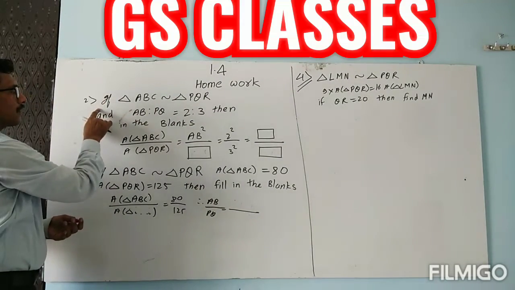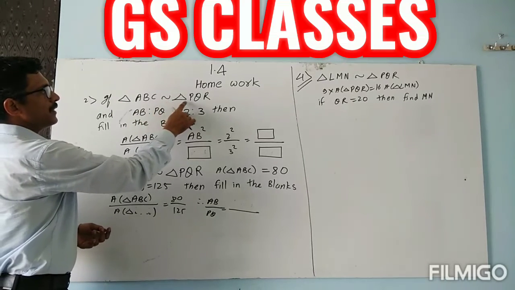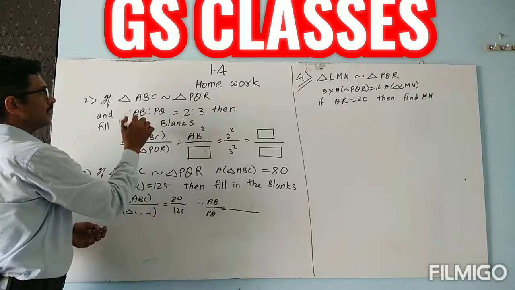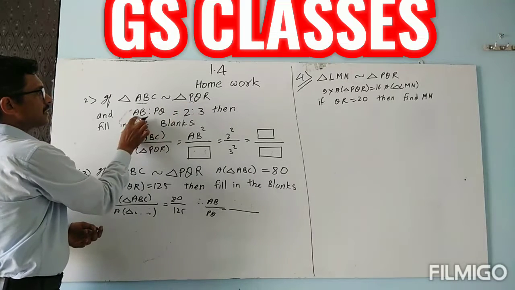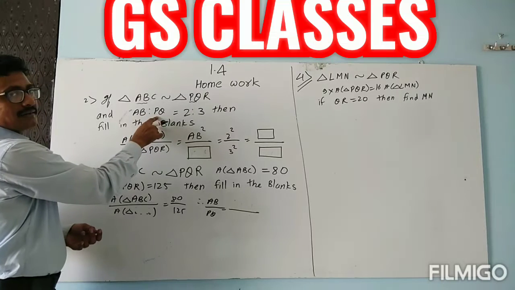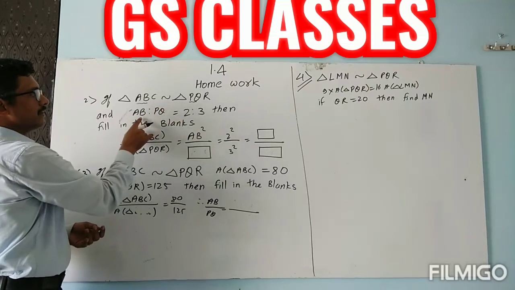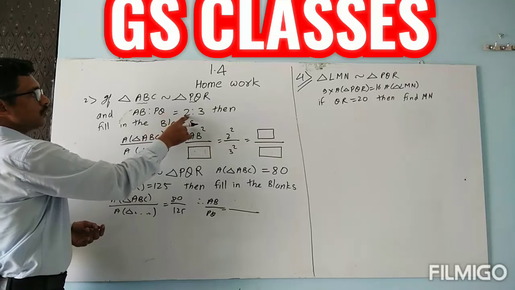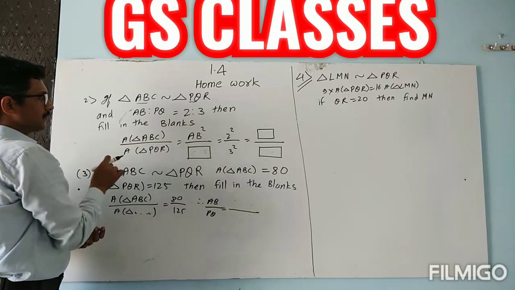Children, this was your homework where triangle ABC is similar to triangle PQR. This AB and this PQ are the sides of the similar triangles, and the ratio was 2 is to 3. Then fill in the blanks.